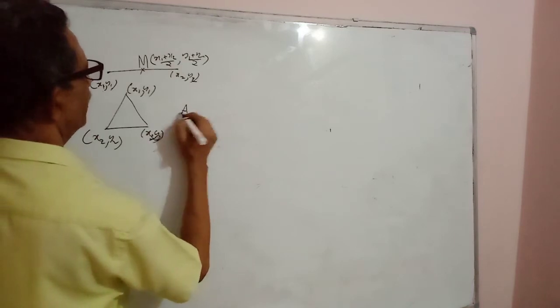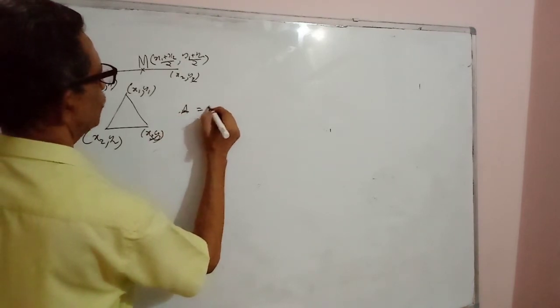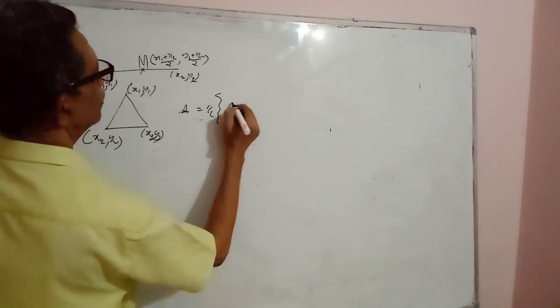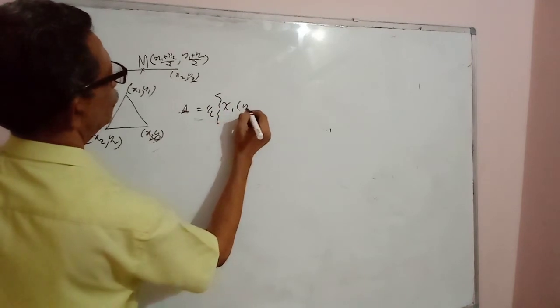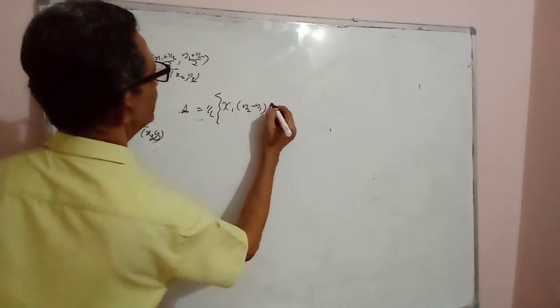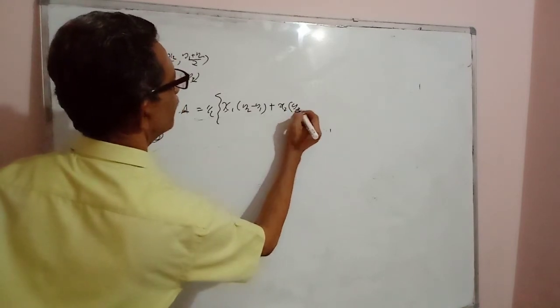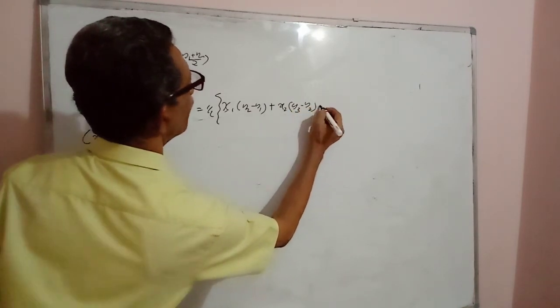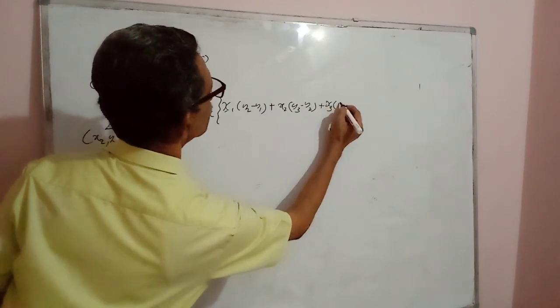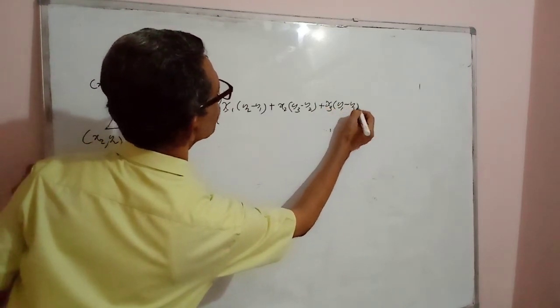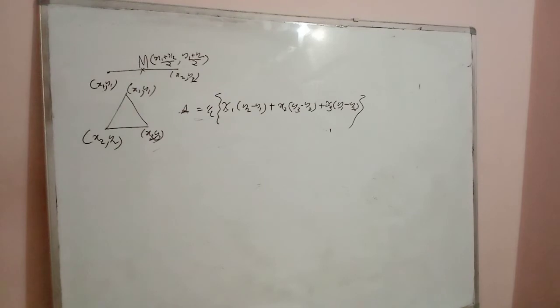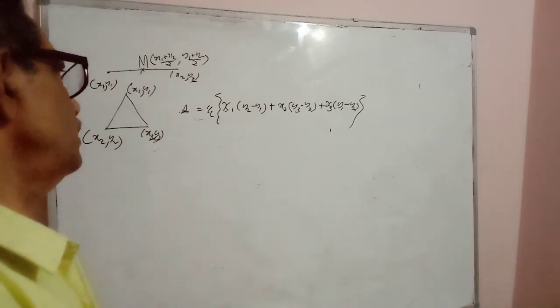Area of the triangle delta is equal to half into [x1 into (y2 minus y3), cyclically change, x2 into (y3 minus y1) plus x3 into (y1 minus y2)]. This is the area of the triangle whose vertices are (x1, y1), (x2, y2) and (x3, y3).